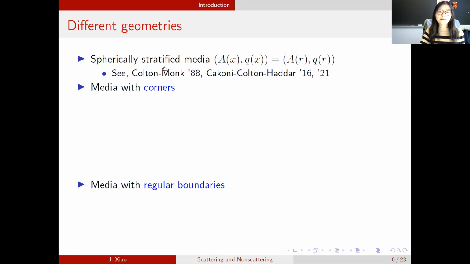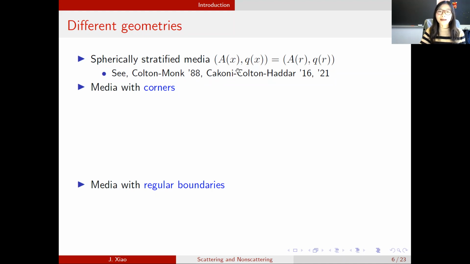For spherically stratified media, we can see by separation of variables, but of course, in order to prove the existence, we need a bit more technique. We can actually show that there are infinitely many eigenvalues, and the corresponding eigenfunctions are so-called Herglotz wave functions.